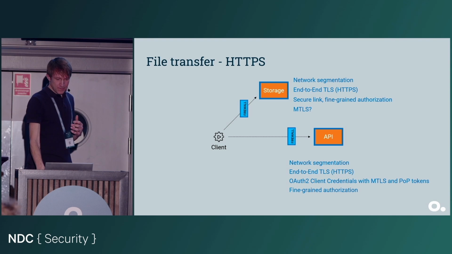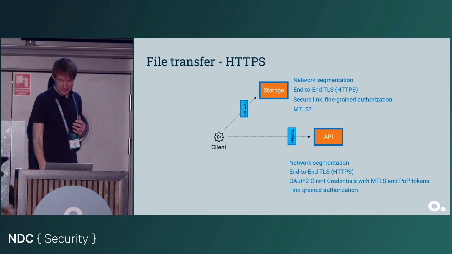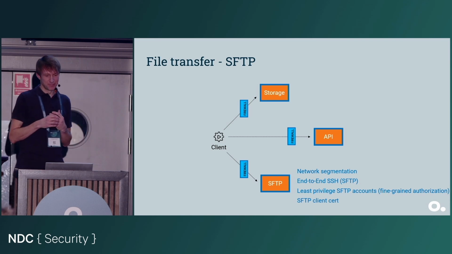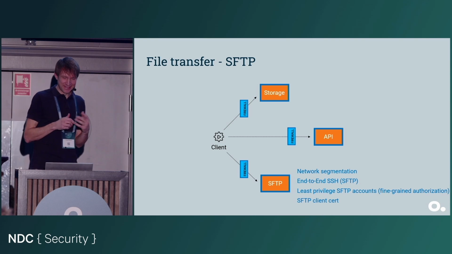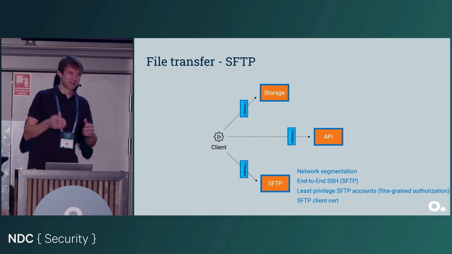But not everything is a perfect fit for HTTP, right? We know that in a large enough organization there will be FTP and XML somewhere. Some integration will use that, and the way to secure that is to use secure FTP, of course.